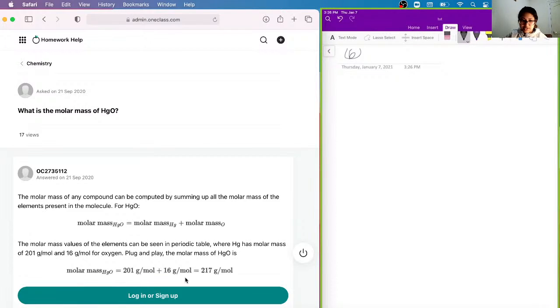Okay, so our next question says, what is the molar mass of mercury oxide? In this case, mercury oxide is HgO.